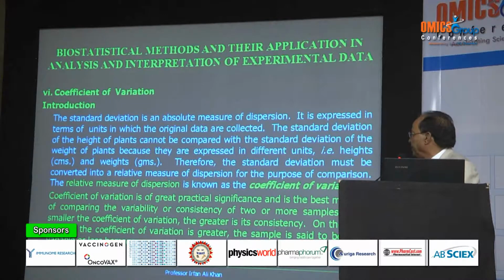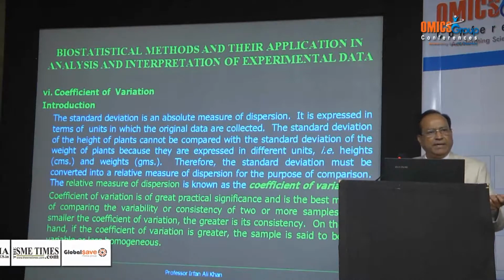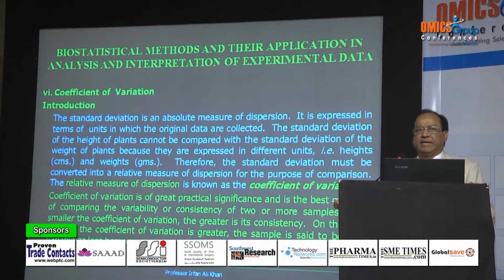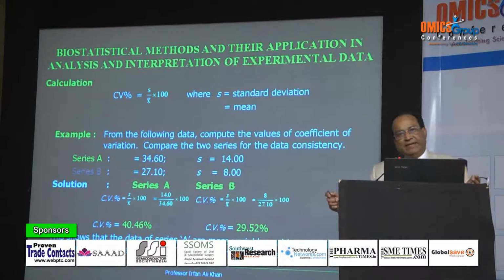Coefficient of variation. Here the coefficient of variation is nothing but the standard deviation divided by mean and multiplied by 100, because we always have to calculate the standard deviation in percentage. The lesser the standard deviation, the more reliable the value, the more the homogeneity, and the more the effectiveness.